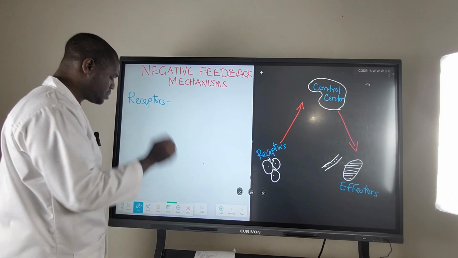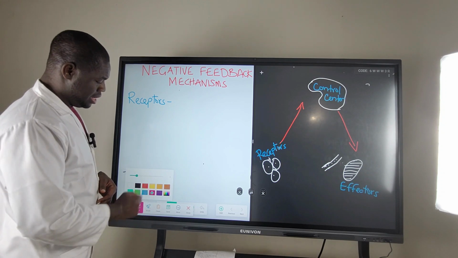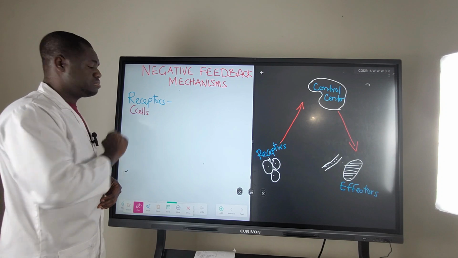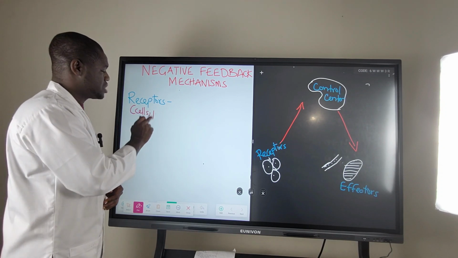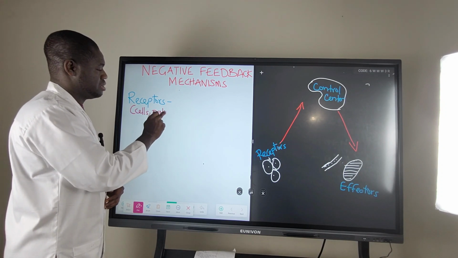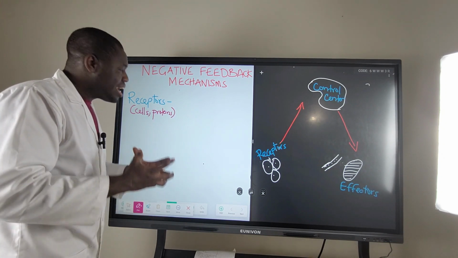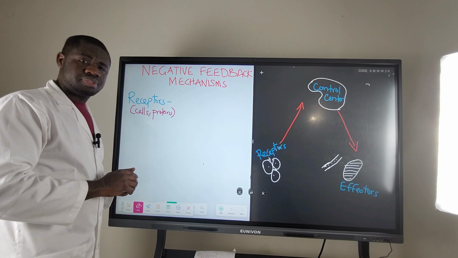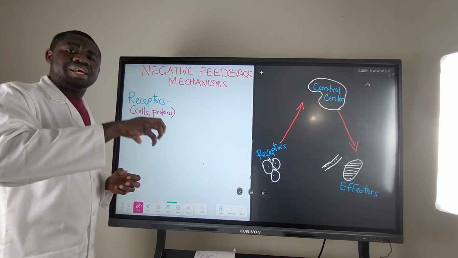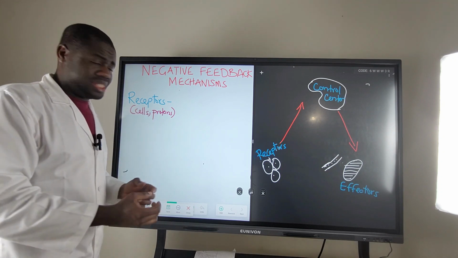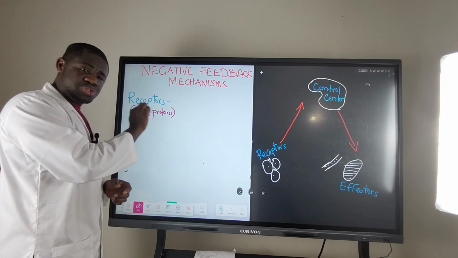They can be cells. They can be proteins. That is, the cells themselves can act as receptors. The proteins in the cell or the proteins in the cell membranes can also act as receptors.